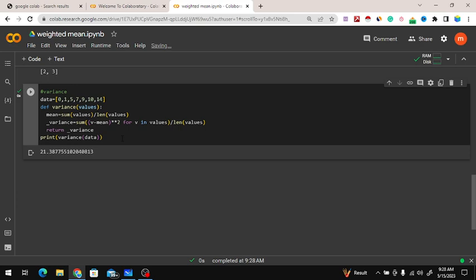So the variance for the number of pets owned by my office staff is 21.387755. But what does it exactly mean? It's reasonable to conclude that higher variance means more spread. But how do we relate this back to our data?